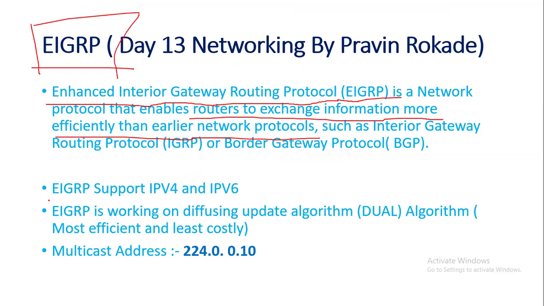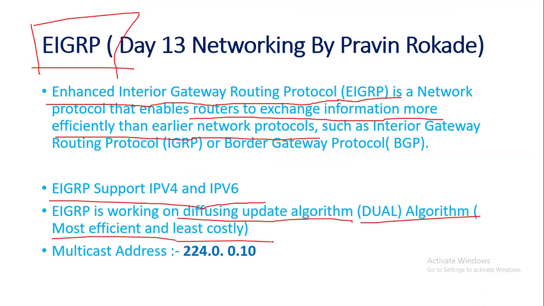EIGRP supports IPv4 and IPv6 as well, and it follows the DUAL algorithm. What is DUAL? Diffusion Update Algorithm. That means the most efficient and least costly path will be chosen. And the multicast address EIGRP follows is 224.0.0.10.